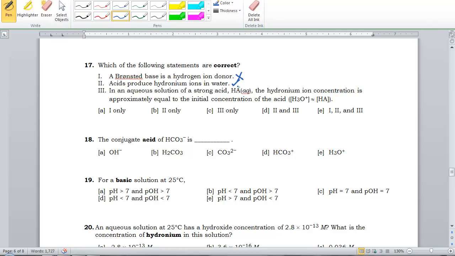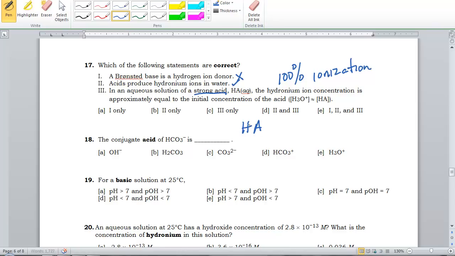All right. Now, number 3, read this carefully. Strong acid, that's important. The hydronium concentration is approximately equal to the initial concentration of the acid. And so what do we assume about a strong acid? Exactly right. 100% ionization. So all of that strong acid, so we just generically represent an acid as HA.